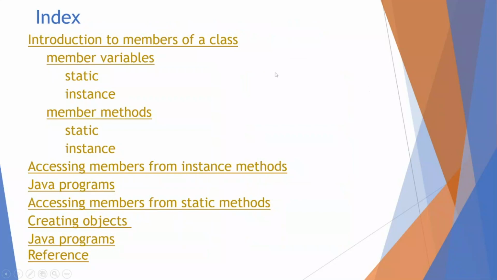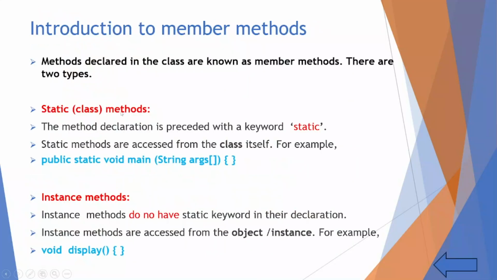Now, member methods. Methods declared inside the class are known as member methods. Two types, static or class methods, and instance methods. Static methods, just like static variables, have the static keyword, and static methods are accessed from the class itself.